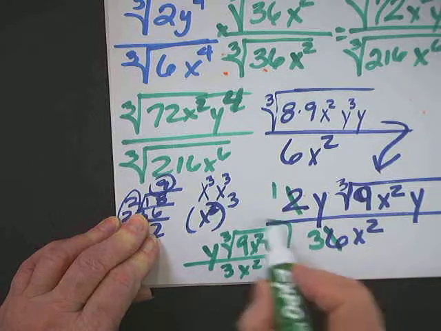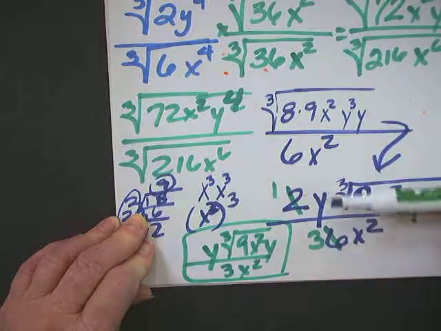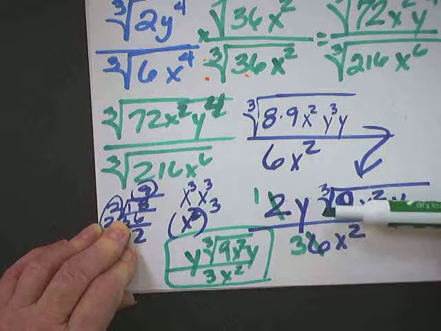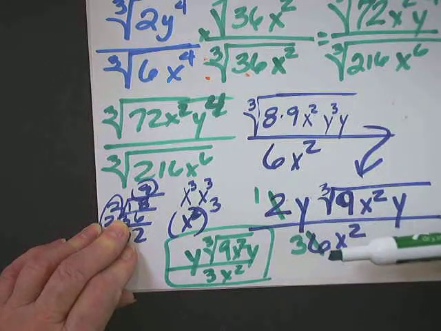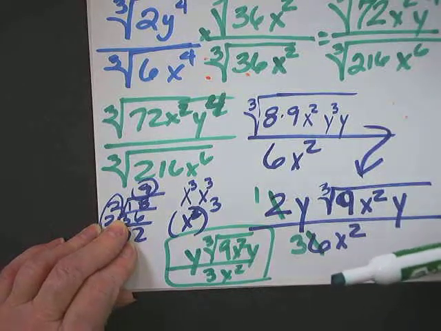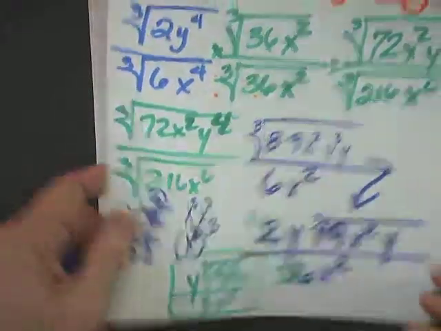You can do that. Divide by 2, divide by 2. Okay? So y is in the front, cube root of 9x squared y over 3x squared will be your simplified form.